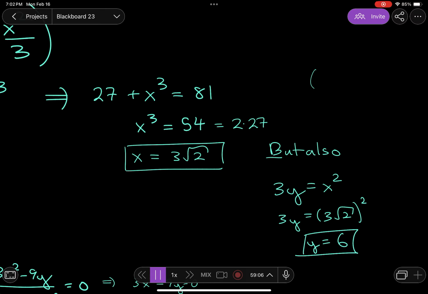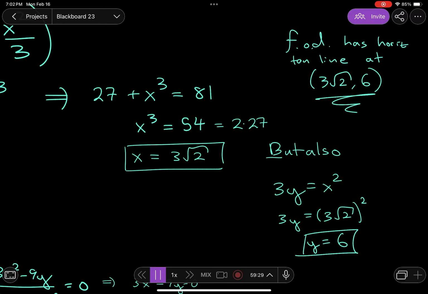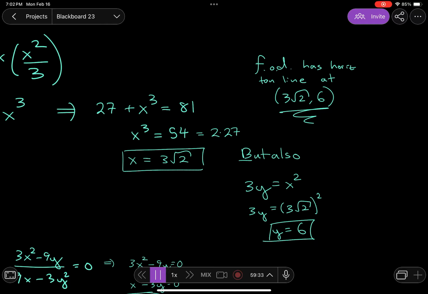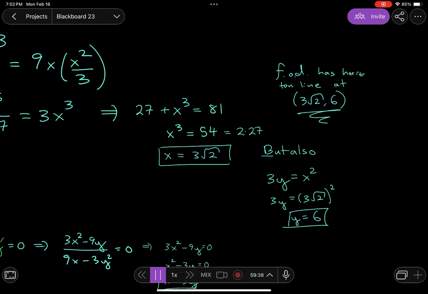So the point where it has a horizontal tangent line is 3 root 2 comma 6. The folium has a horizontal tangent line at 3 root 2 comma 6. Perfect. Yep, that looks good.